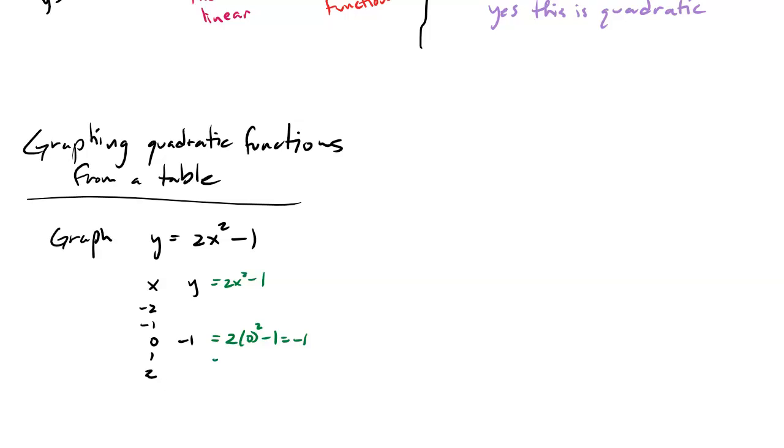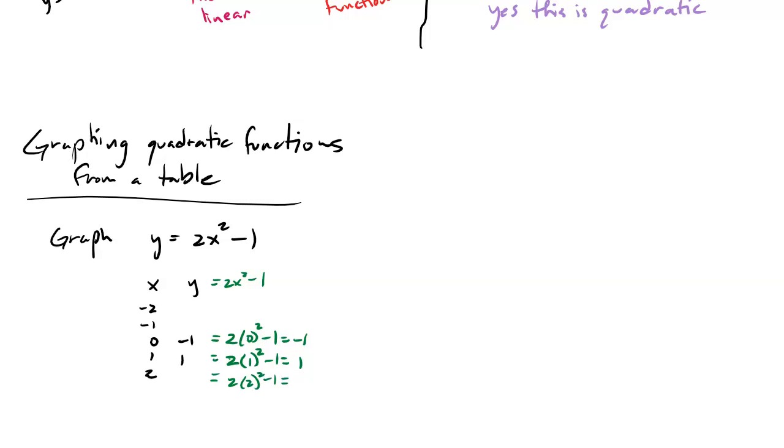I'll do 1 next, again, because it's easy. 2 times 1 squared minus 1. So 2 times 1, 2, minus 1 would be 1. And it's not like the rest of them are hard, they're just bigger. 2 times 2 squared minus 1.